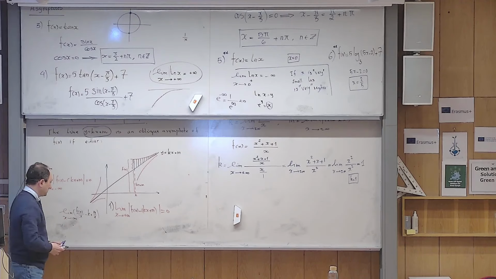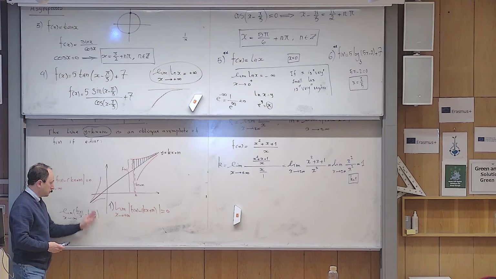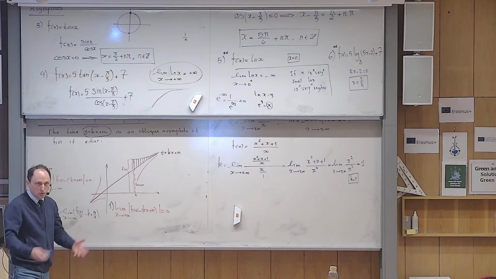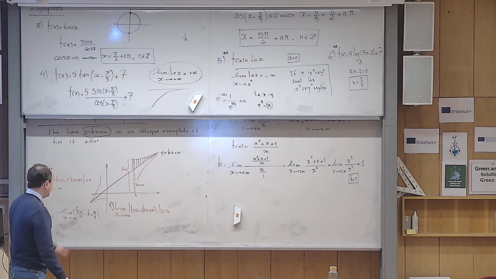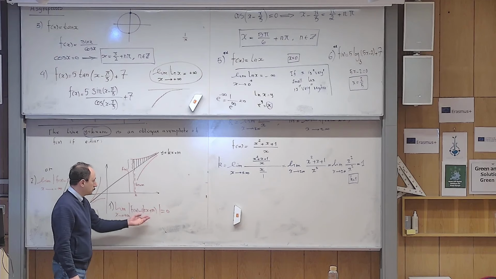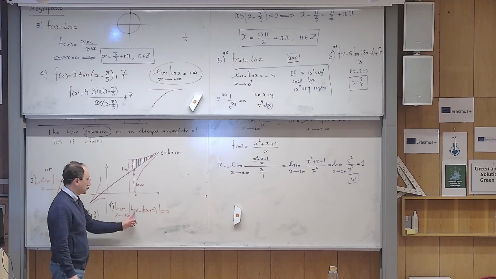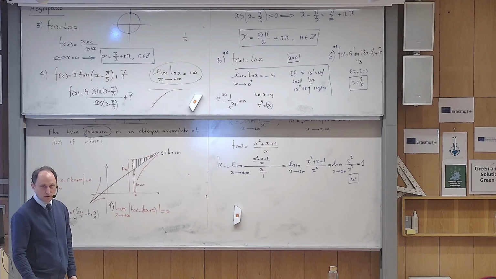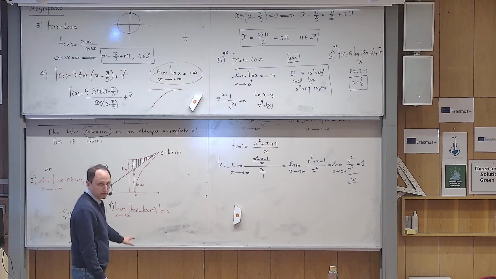This m over x is a constant divided by x, so the limit is 0, and the answer to the limit should be 0. So it means k should be the limit of this part, intuitively. And then if you know k and you are looking for m, because m is a constant, you can just move m outside. It becomes f of x minus kx is equal to minus m. So that's the proof.